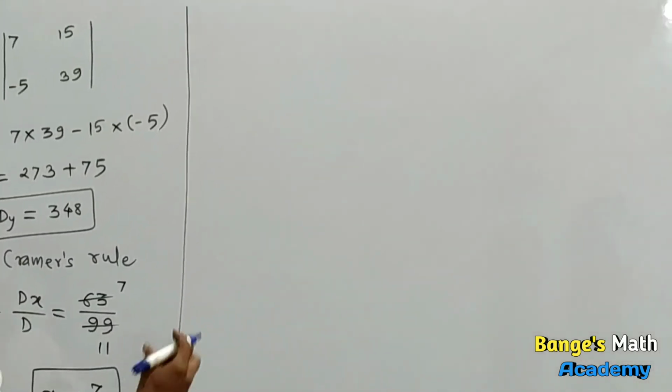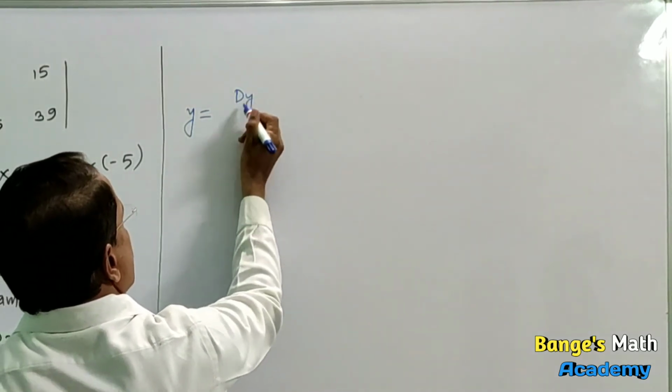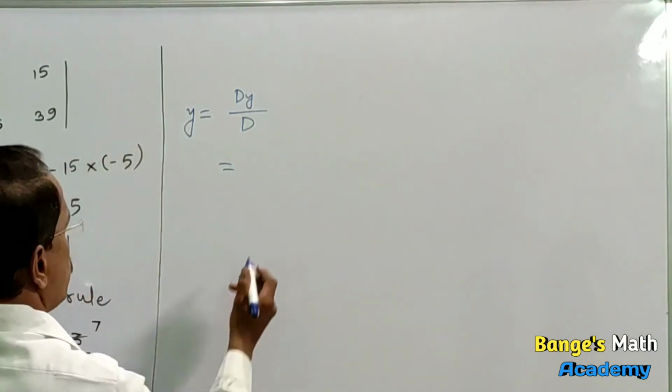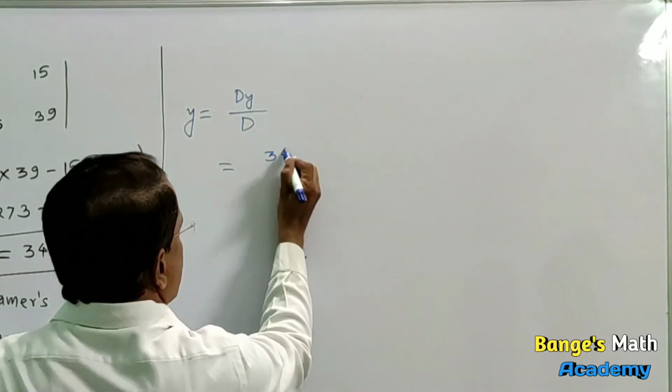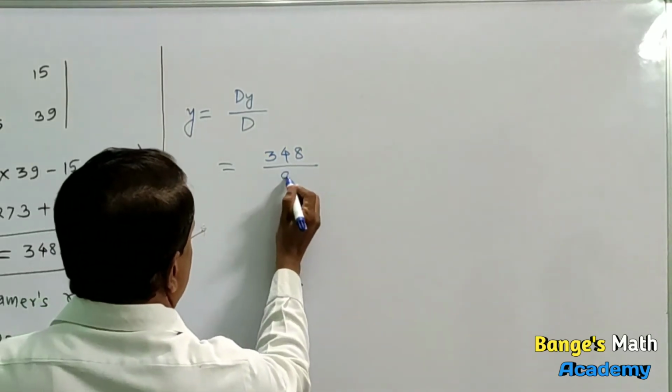Then find y. Y is equal to dy upon d, which is 348 upon d, 99.